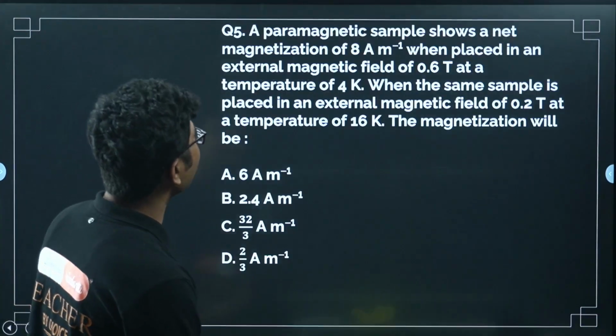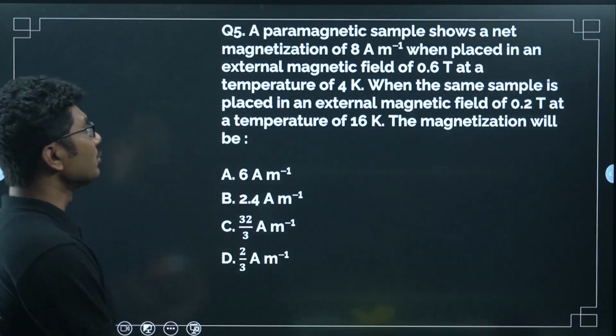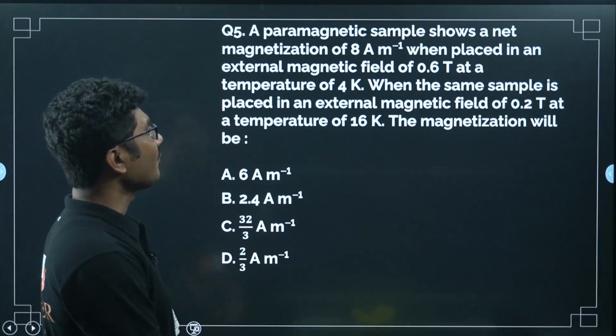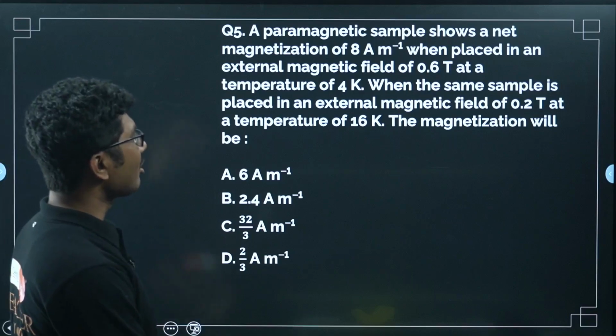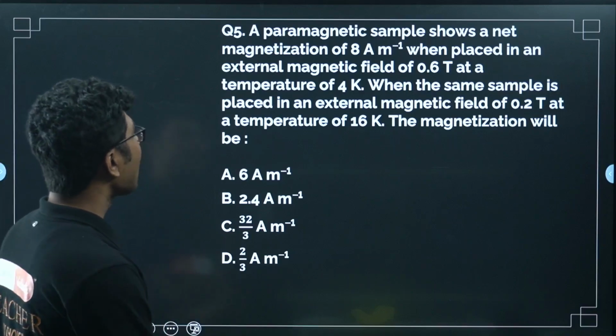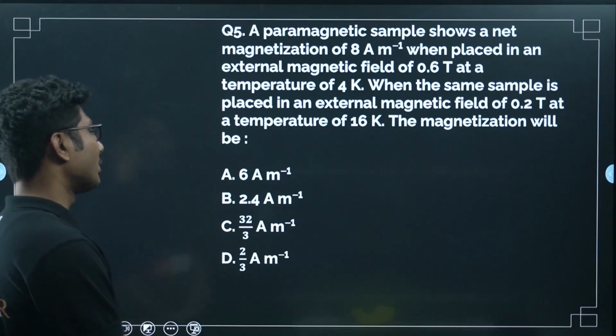Now question number 5. A paramagnetic sample shows a net magnetization of 8 ampere per meter when placed in an external magnetic field of 0.6 Tesla at a temperature of 4 Kelvin.